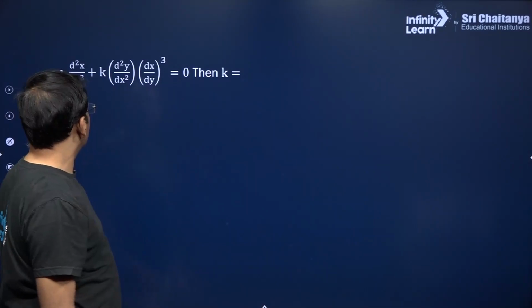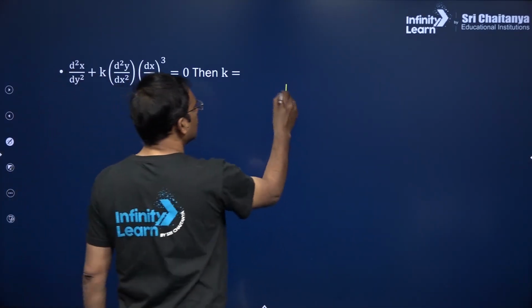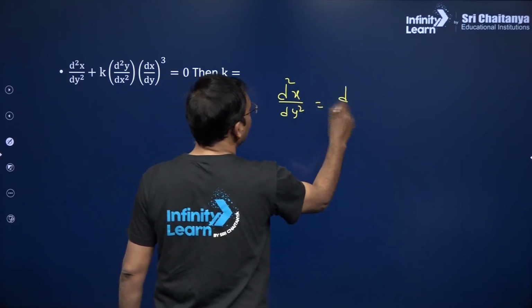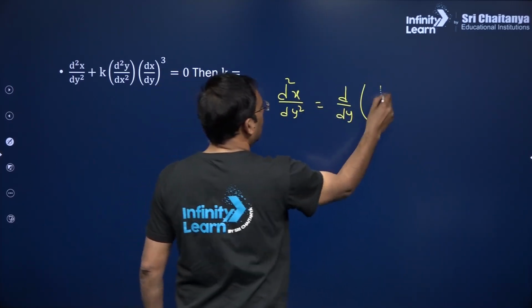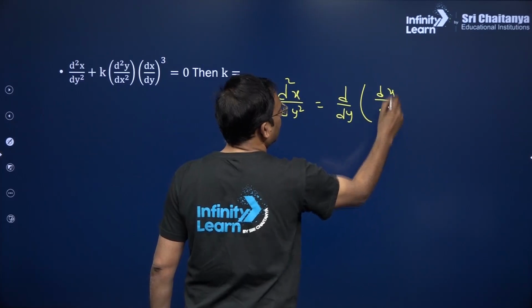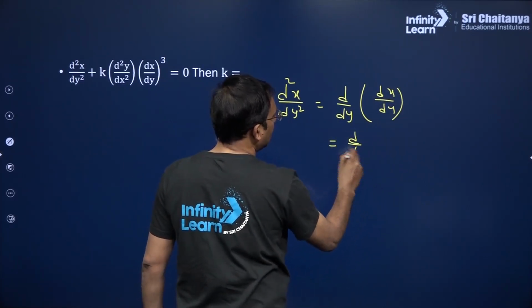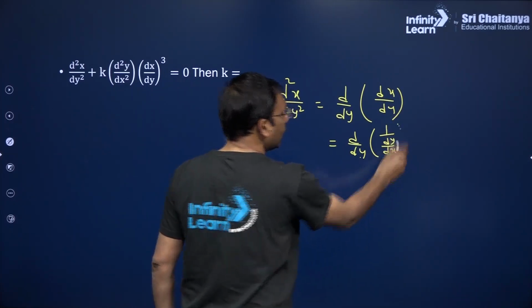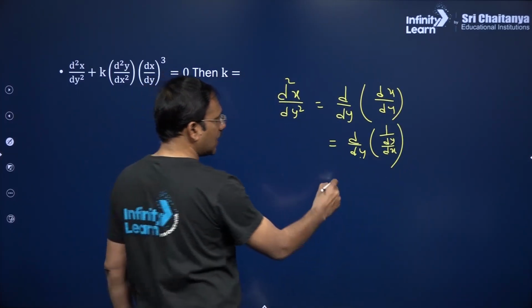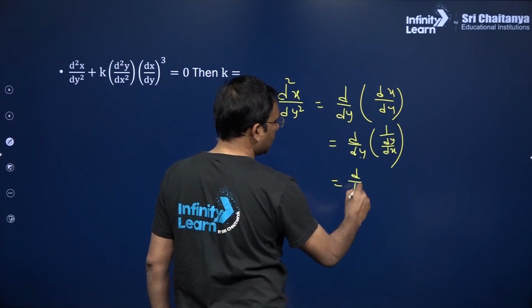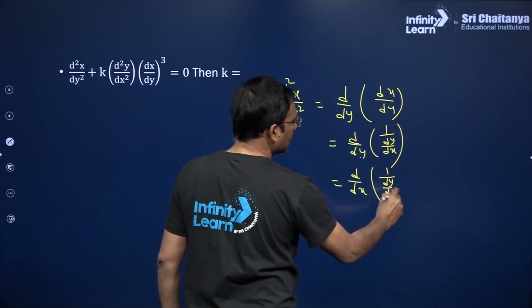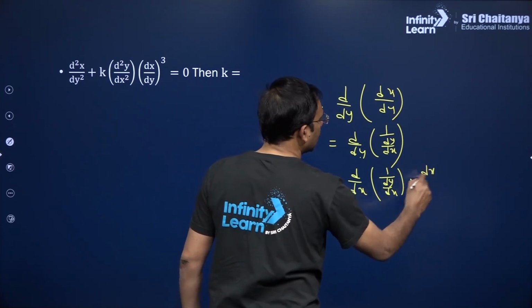Next, my dear friends, this is simple. Consider d square x by dy square, which is d by dy of dx by dy, which you can write as d by dy of 1 by dy by dx, because we are familiar with dy by dx. This I want to take the derivative with respect to x, so d by dx of 1 by dy by dx, into dx by dy.